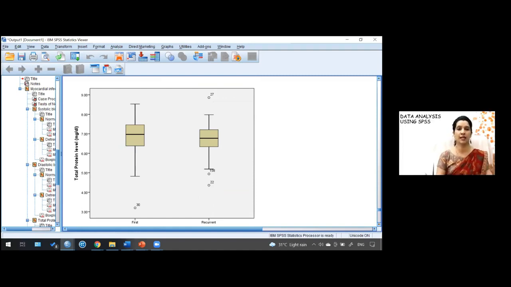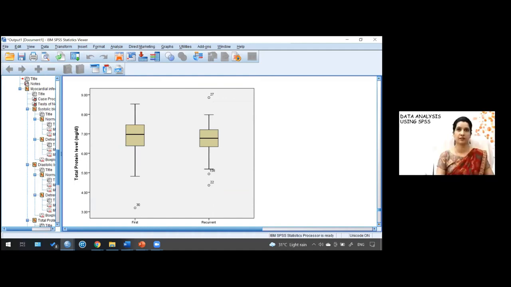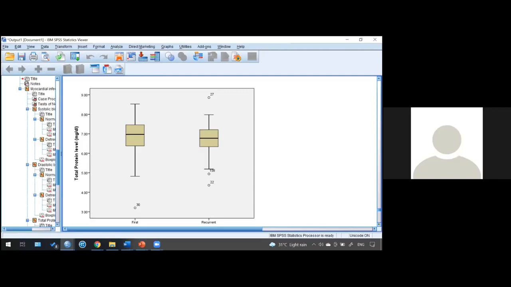One of you can explain the first order and the other can explain the recurrent order. In first order MI, there is one outlier, that is serial number 30. Okay. Ma'am, in the recurrent MI, there are three normal outliers, serial numbers 27, 158, and 22.